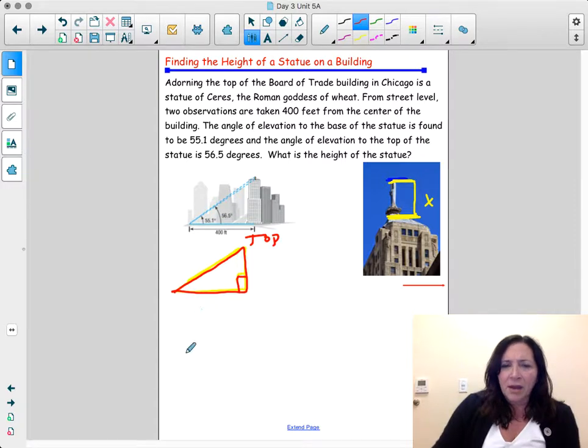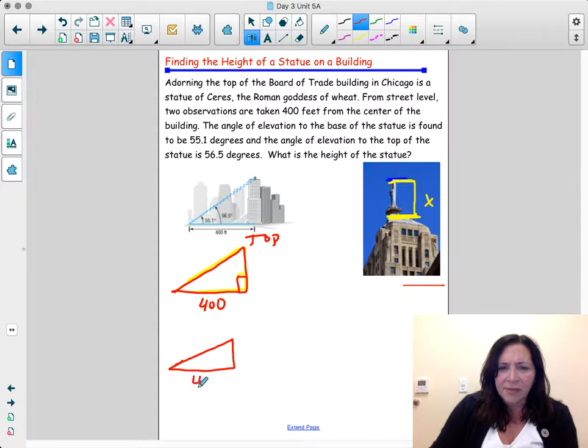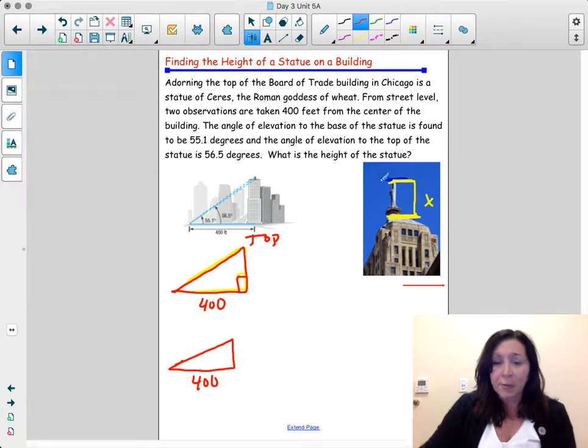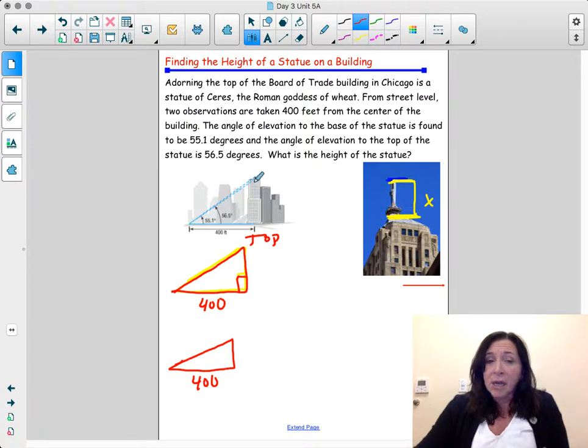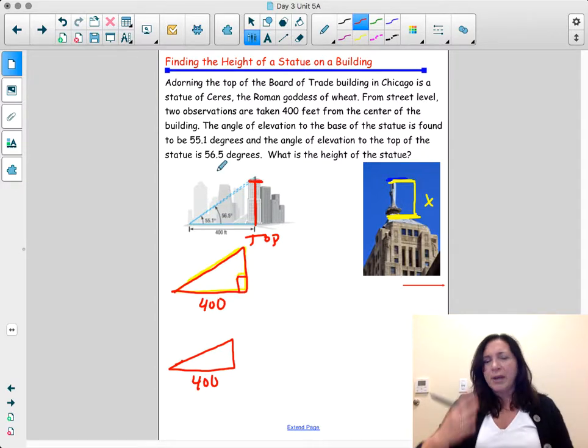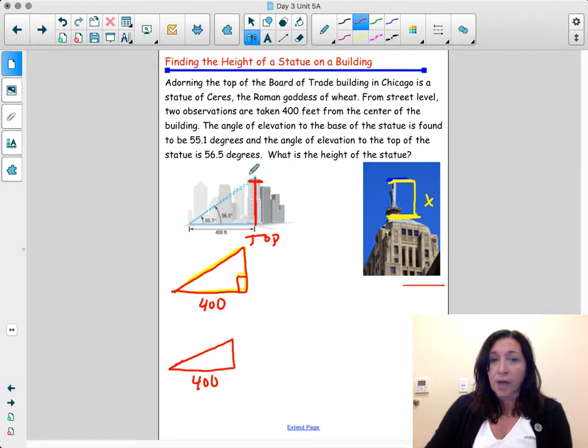And then you've got another triangle that doesn't go to the top. It goes partway down, okay? Either way, these are both 400 feet because that's how far you are away. That's how far the distance is from the middle of the building. So you're going to draw this straight down the middle like we were talking about in the last problem. That's going to give you your altitude.